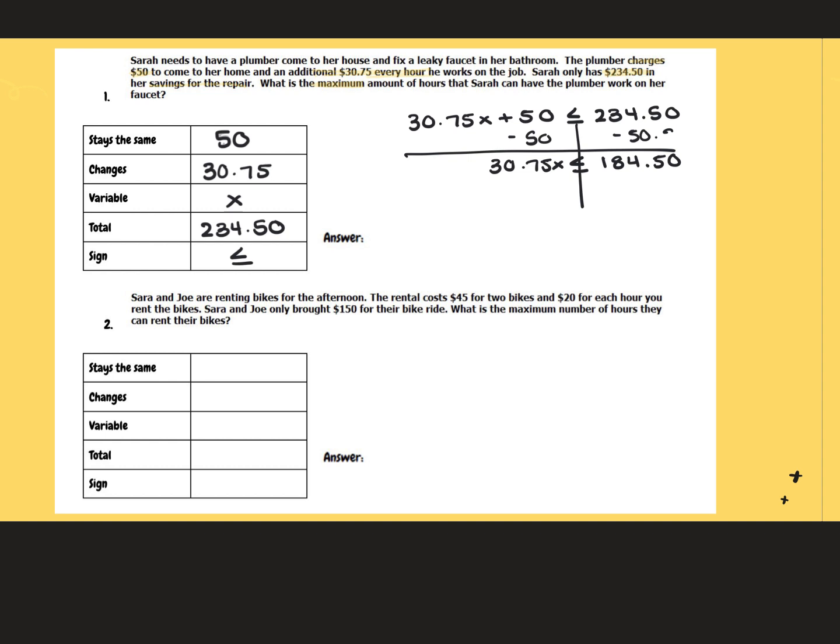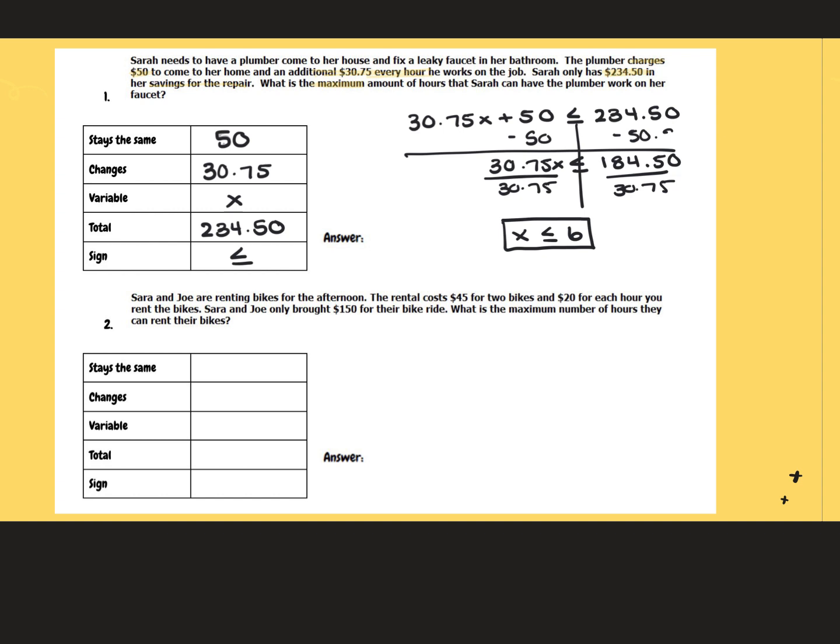Divide both sides by $30.75, and we get that x is less than or equal to 6. He can spend any number of hours that is less than or equal to 6. So he can come for an hour, 2 hours, 3 hours, 4 hours, 5 hours, even 6 hours. So 6 hours would be the maximum number of hours that Sarah can afford based on the money in her savings.